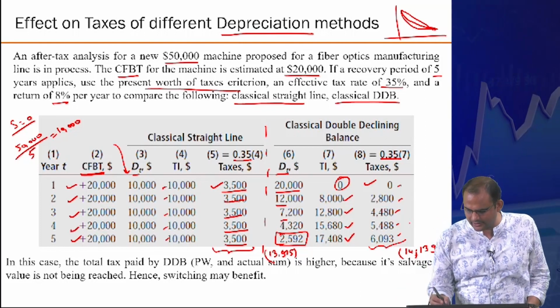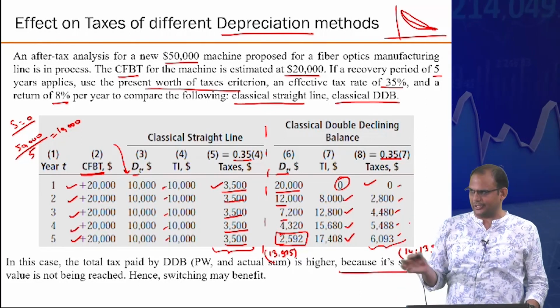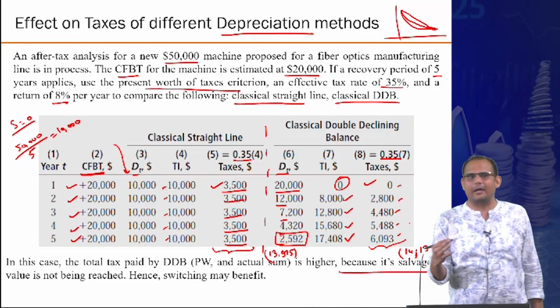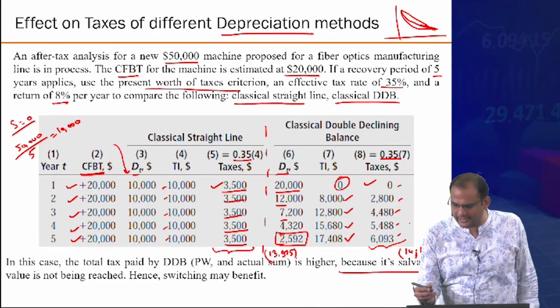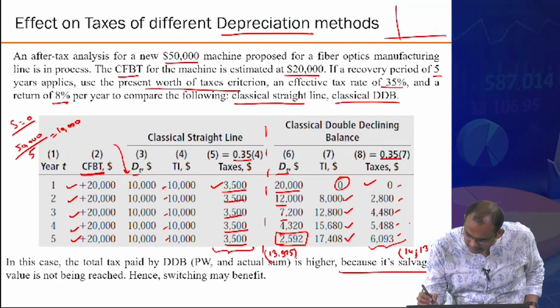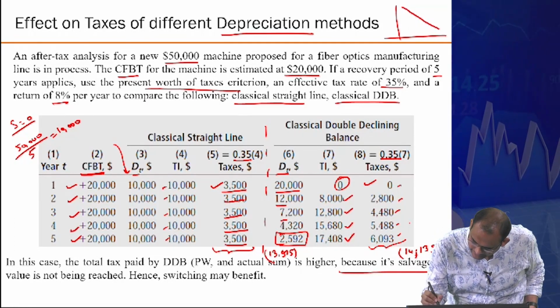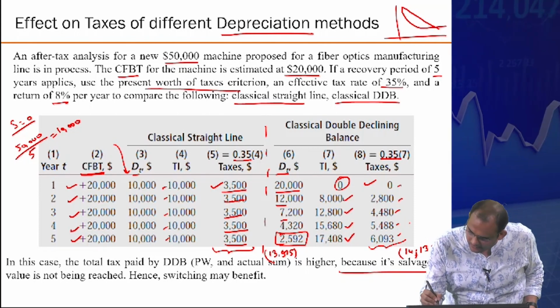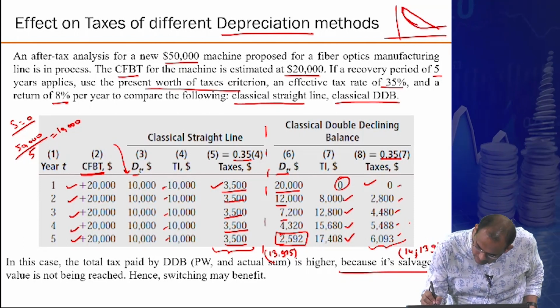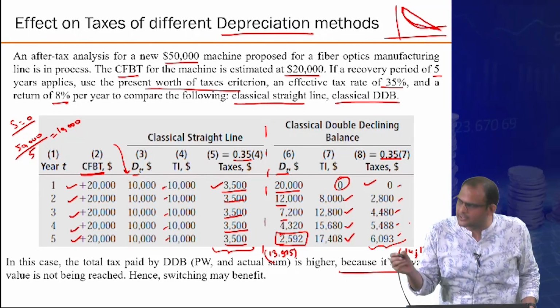So that's the idea. Definitely you need to have a switching somewhere in between so that finally you reach the same salvage value. So in that case, if this is a straight line, this is what is happening right now. In that case, the curve will become something like this.